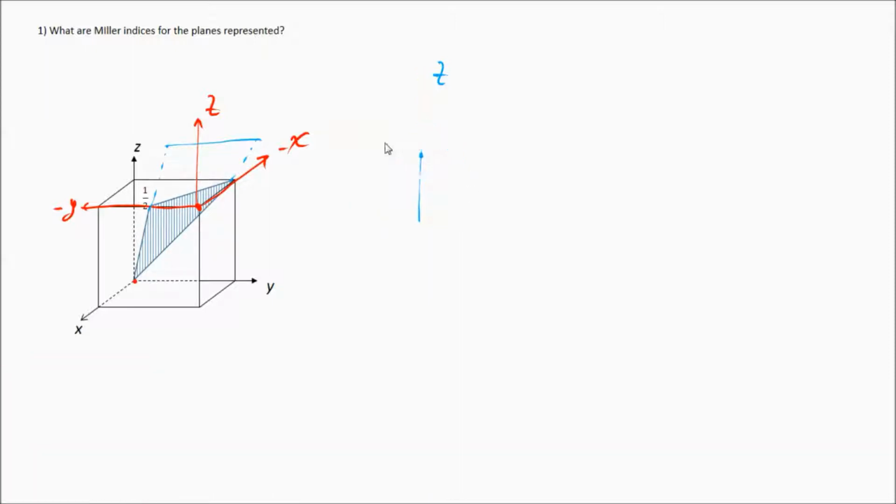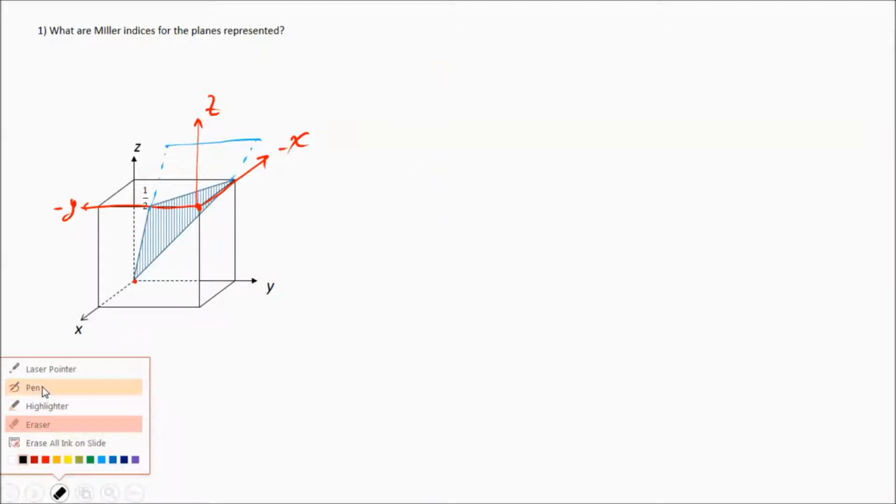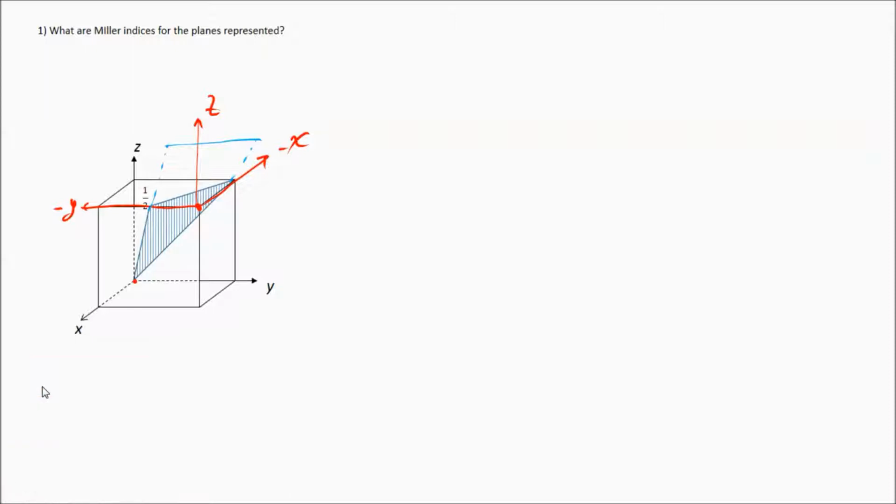So what I will do, I will try to find intersection points. So x, y, z. It's clear that this plane intersects y-axis at -1/2. Plane intersects x-axis at -1. So trick one is to find intersection between plane and z-axis.